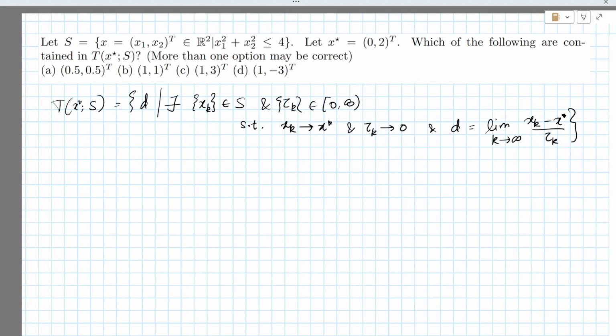So this is the definition of the tangent cone.